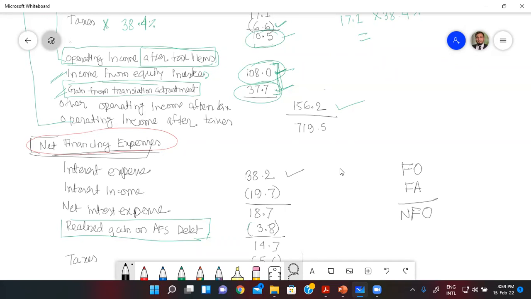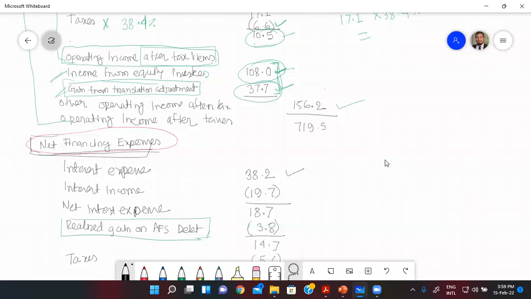Can you recall this equation we wrote in the balance sheet issues? So it's the same ground why we are starting with the financing expenses, then subtracting financing income to get the net financing expenses. Okay, let's proceed.